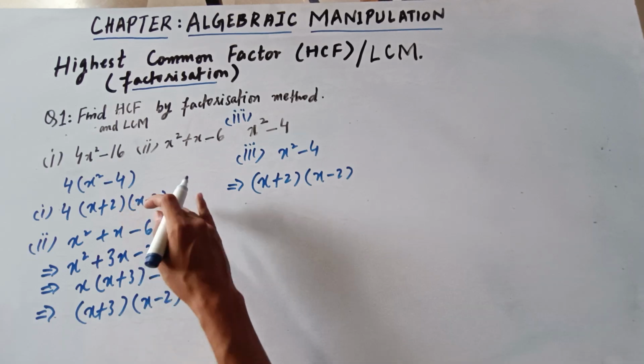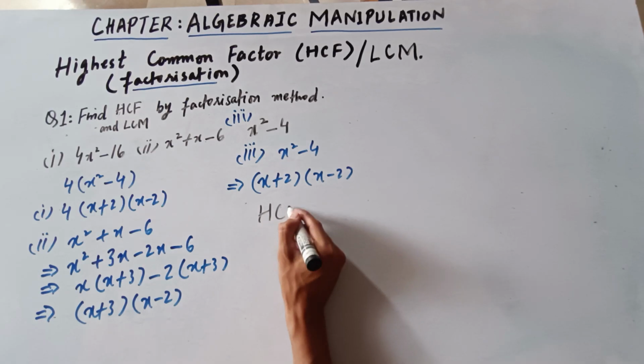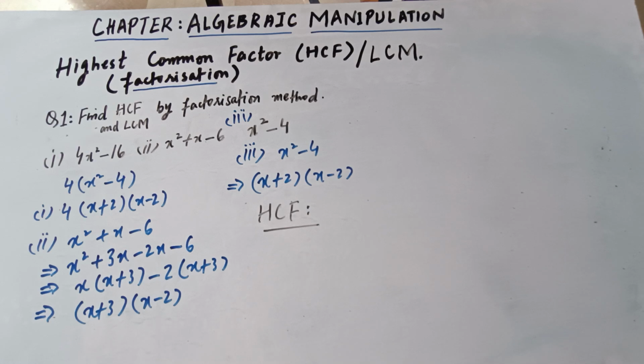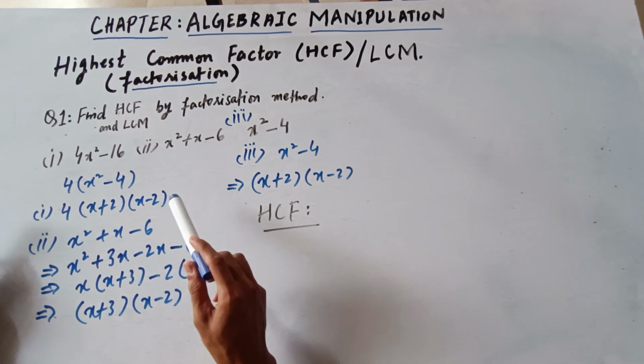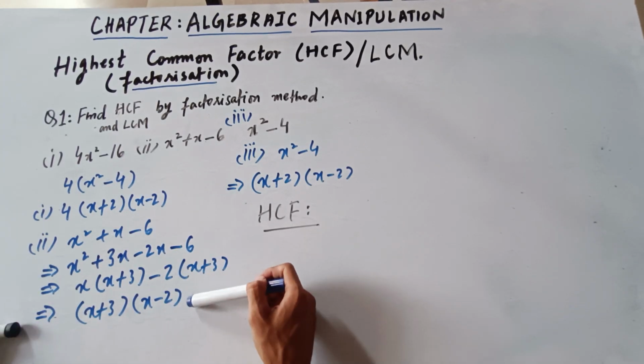Now we have the factorized form of all the polynomials. As we have already done in the previous question, you can easily find the SCF by yourself, by taking out the common factor. If you see all the factors here, it is written 4 bracket x plus 2 x minus 2, and x plus 3 x minus 2.